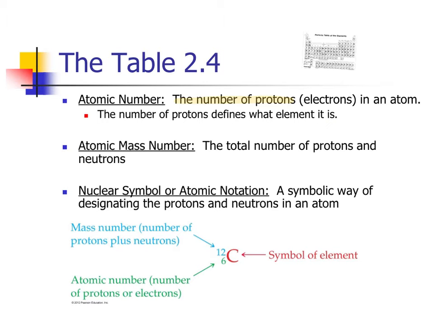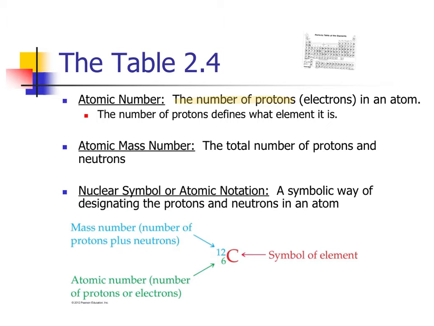The atomic mass number is the total number of protons and neutrons. The atomic mass is usually that really long number that has a lot of decimal places.